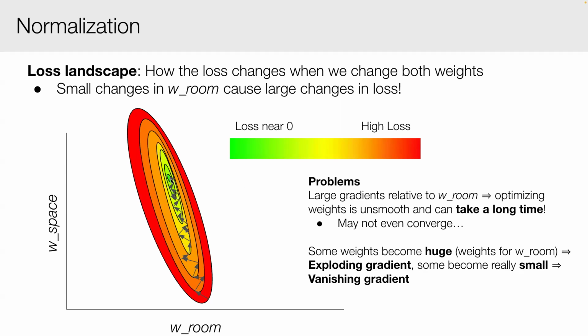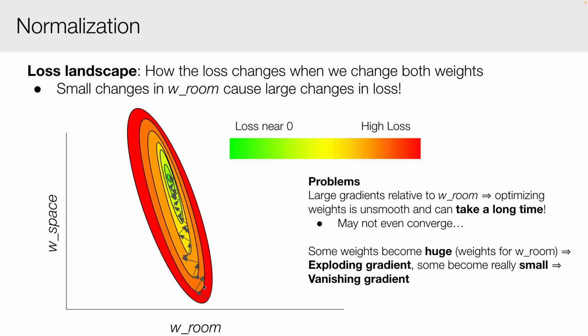This tiny little green region is our sweet spot, where we have the perfect combination of weight room and weight space. Do you guys understand what's going on in this contour map? Okay, perfect. You can see it's super squished. If we travel along this W room axis and make small changes in W room, that results in massive changes in our loss.